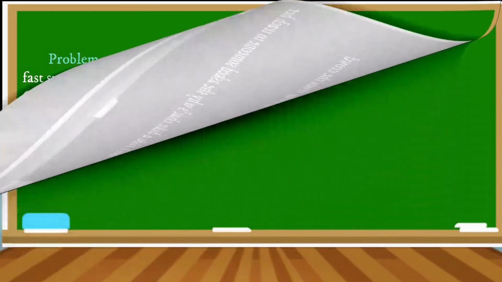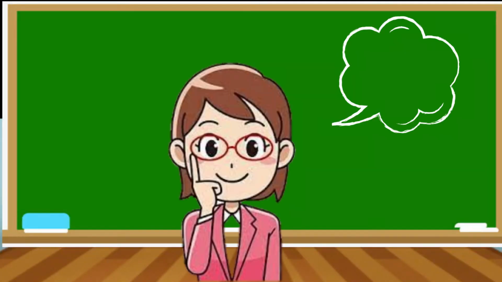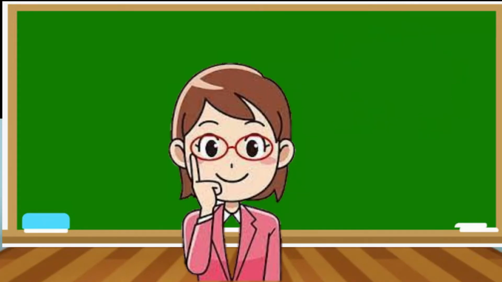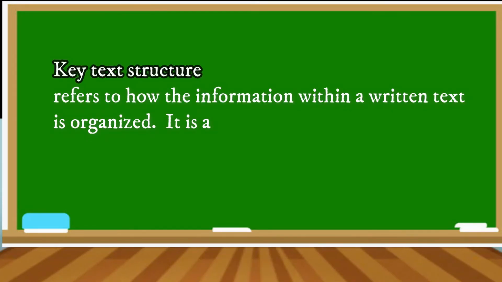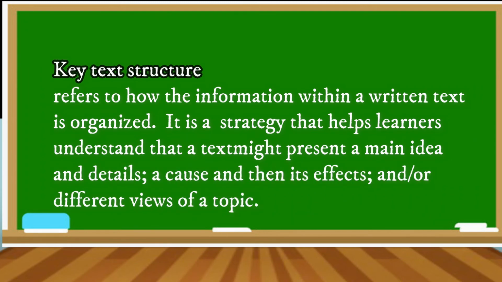Did you understand our lesson for today? Remember, key text structure refers to how the information within a written text is organized. It is a strategy that helps learners understand that a text might present a main idea and details, a cause and then its effect, and/or different views of a topic.